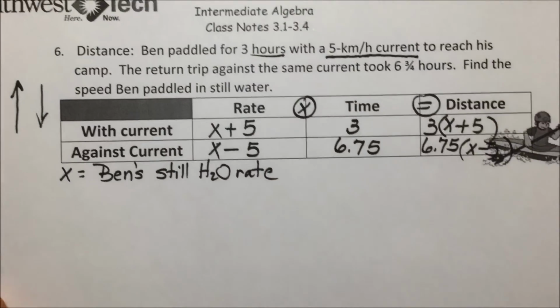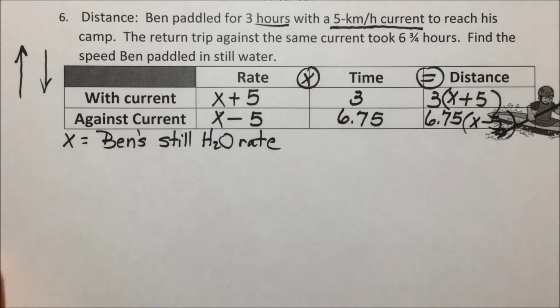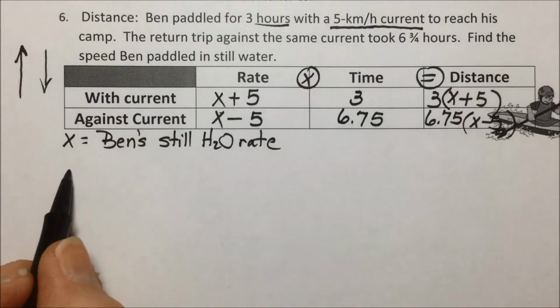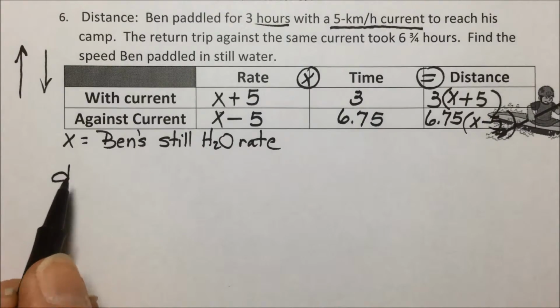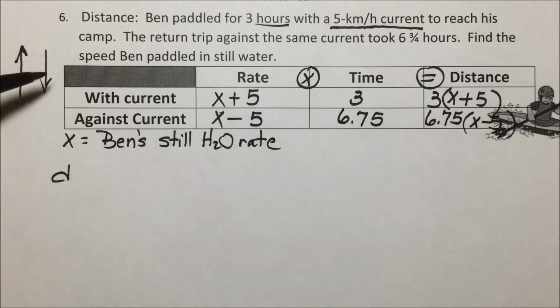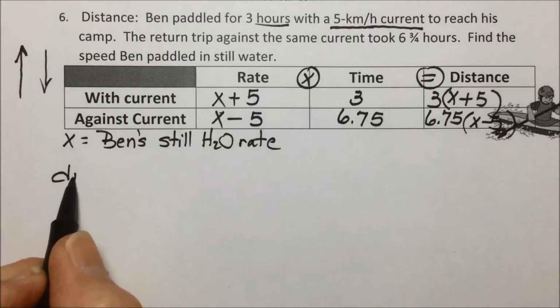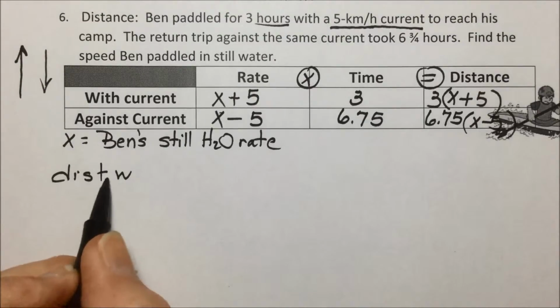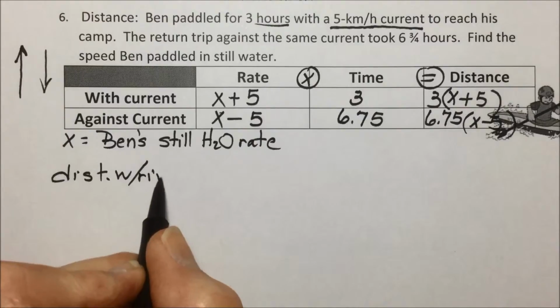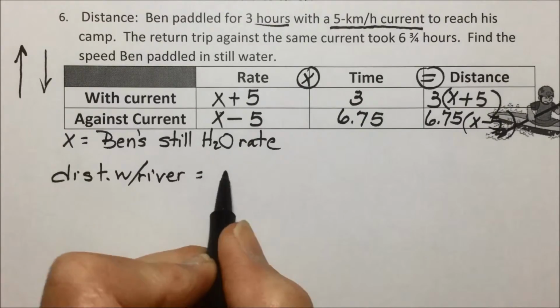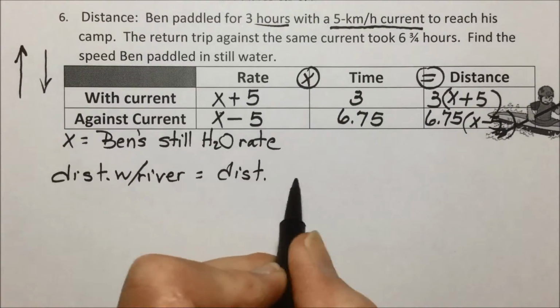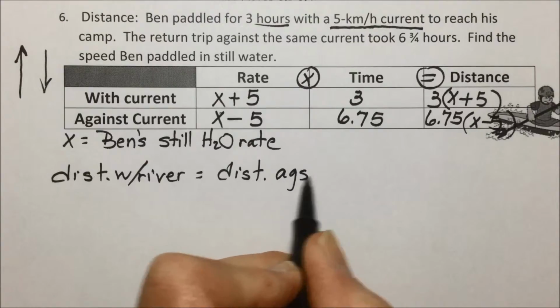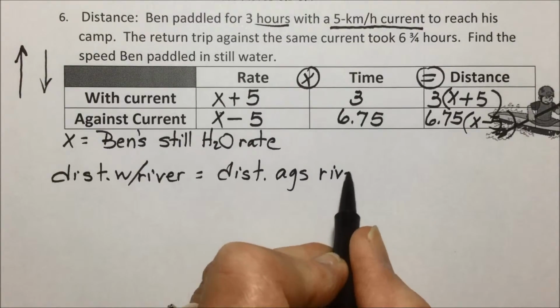And to generate an equation then, he's going from camp to his launching, so the distance with the river will equal the distance against the river.